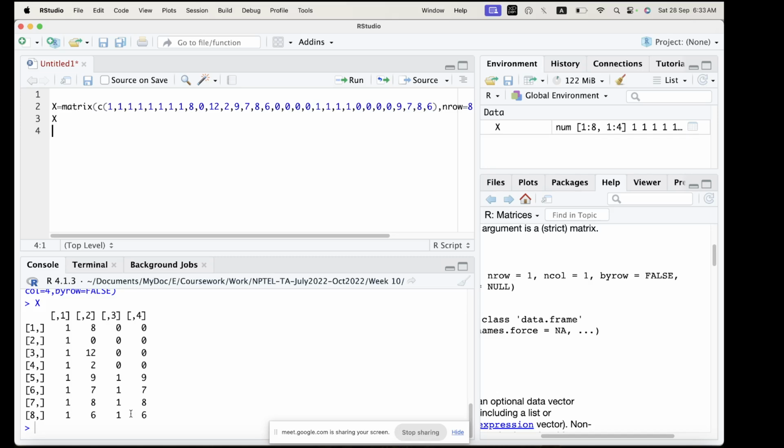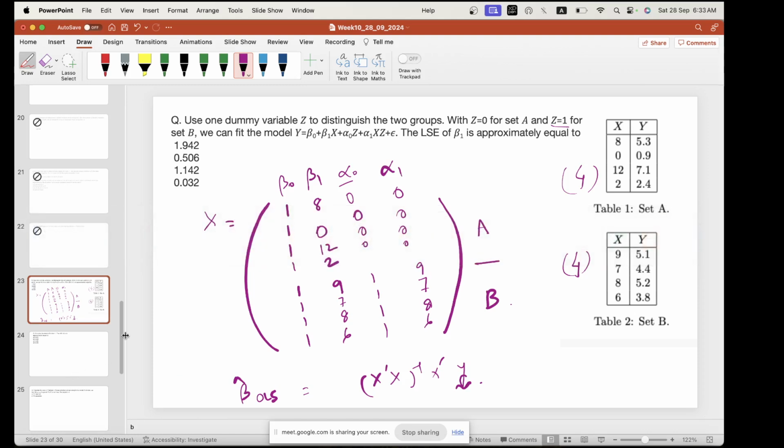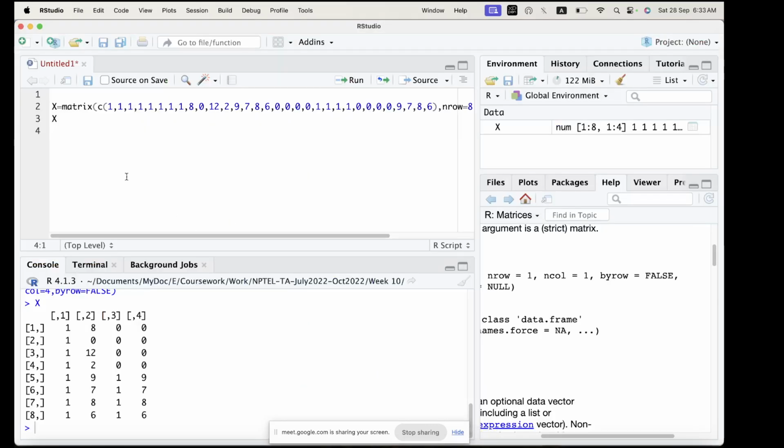Alright, so now that I have my X matrix, all I need to do is get the estimates of beta naught, beta 1, alpha naught and alpha 1. So now I am going to use x prime x inverse x prime y. x prime is transpose of x, t(x).